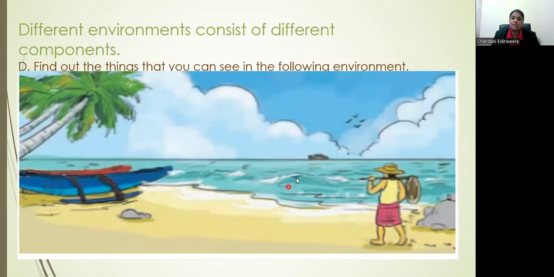And look at the fourth environment you given here. The birds are flying in the sky, and that the tree is there, boat, and that very far away you can see a ship here, and that the land and the man is wearing the sarong, and the hat also here, like that.